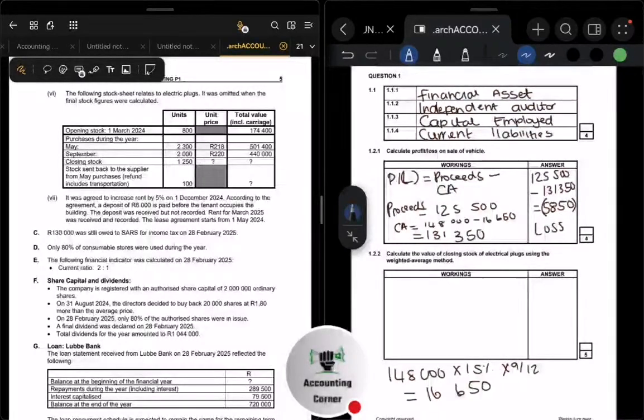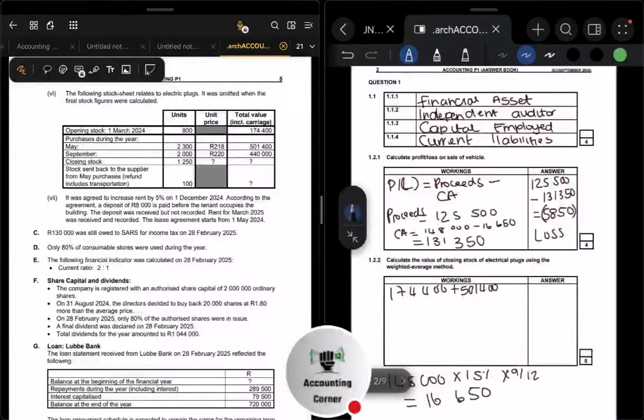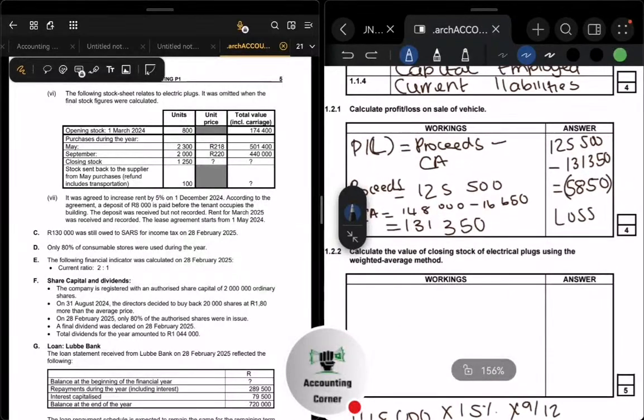So we had at the beginning of the year opening stock with a value of 174,400 plus purchases in May of 501,400, and then September 440,000.